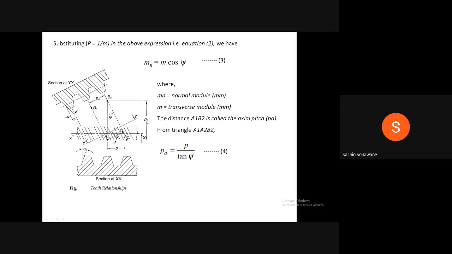From triangle A1A2B2, we can write PA, that means A1B2. PA is equal to P upon tan psi. Equation 4. Therefore, write down this.